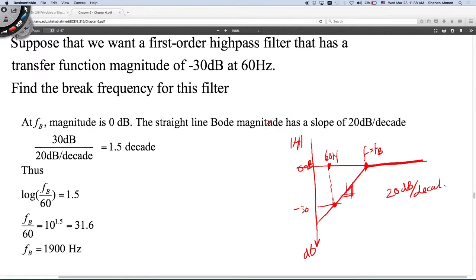A straight line Bode magnitude has a slope of 20 dB per decade. So if I go to fb over 10, what do I expect to be the magnitude?